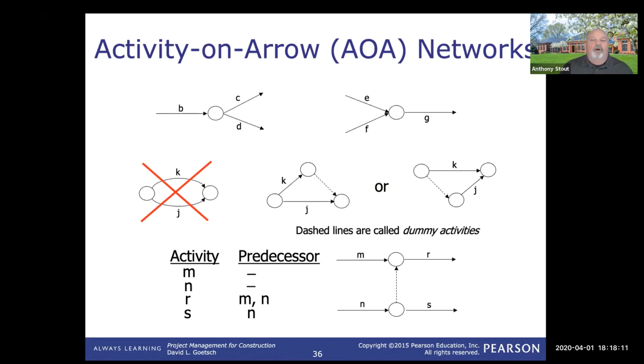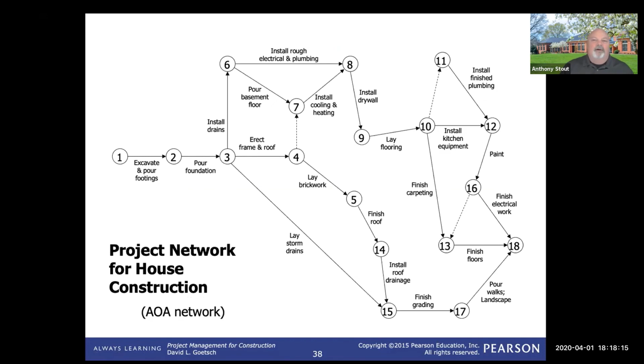And then here's one that's a little more complicated for construction of a house. But you can see when you're looking at this, excavate and pour footings, pour the foundation. So obviously this has to be done before that. But once you pour the foundation, you can install drains. You can erect the framing and roof.